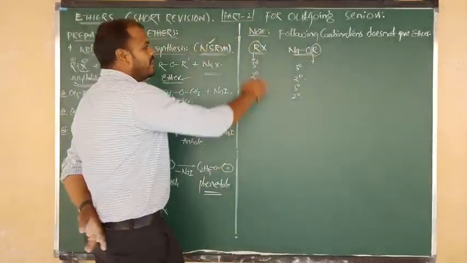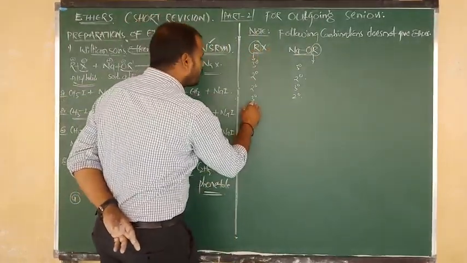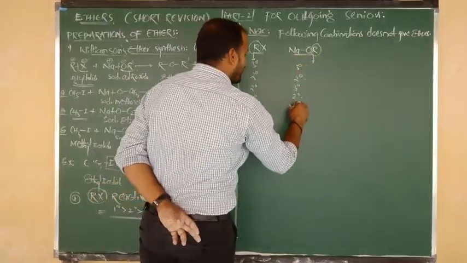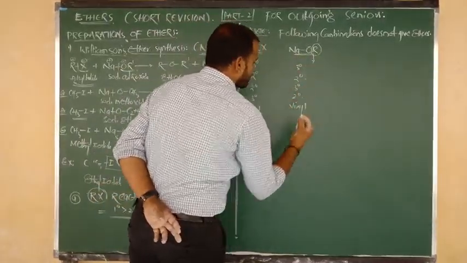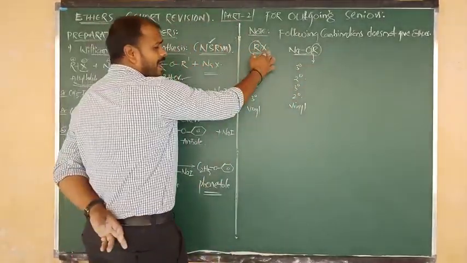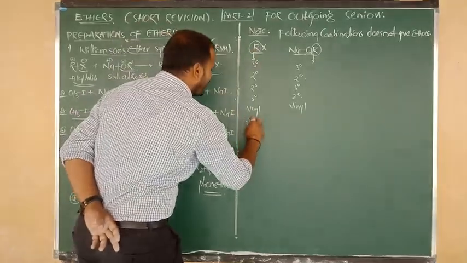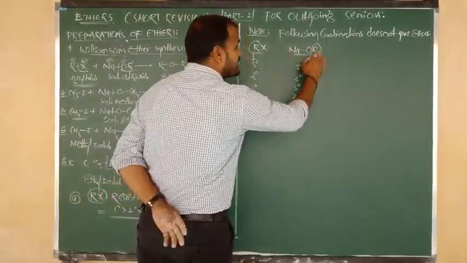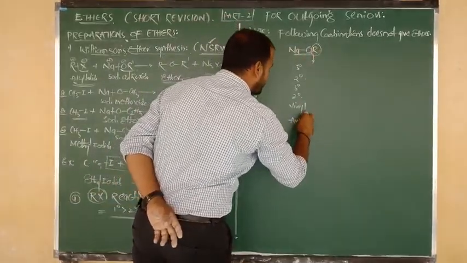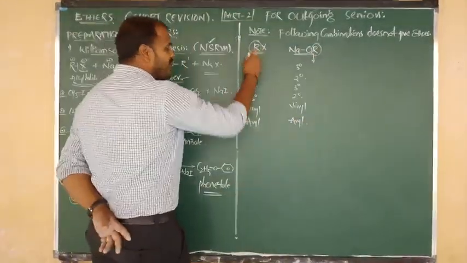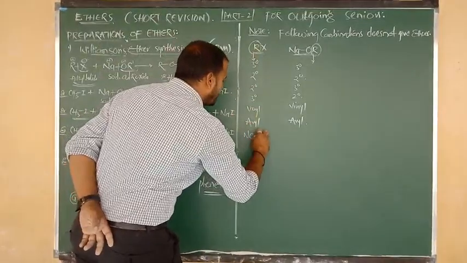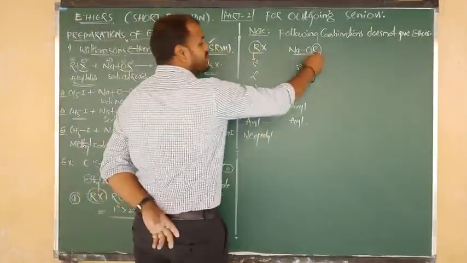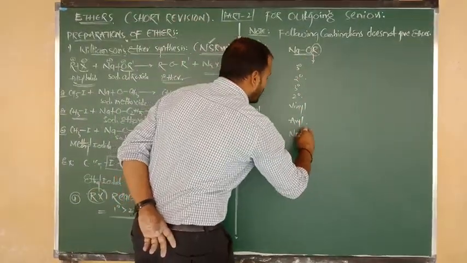Once again, if the alkyl group is vinyl in both. In place of R, aryl in both. In place of R, we can consider neopentyl, again the same in both.